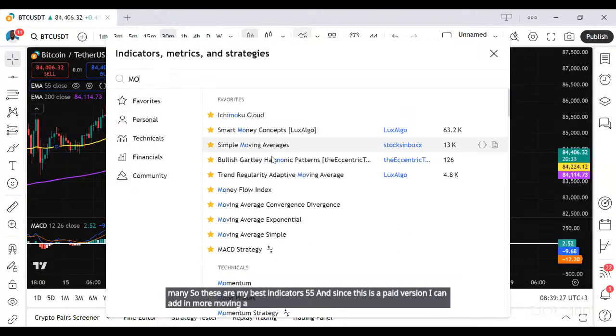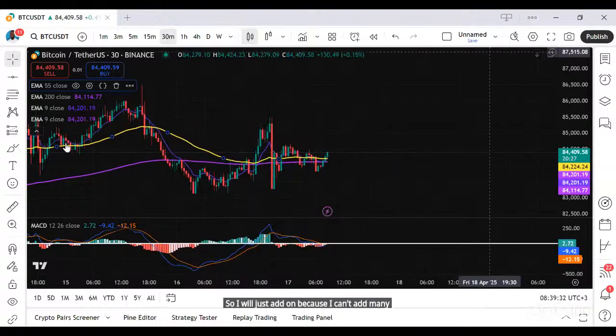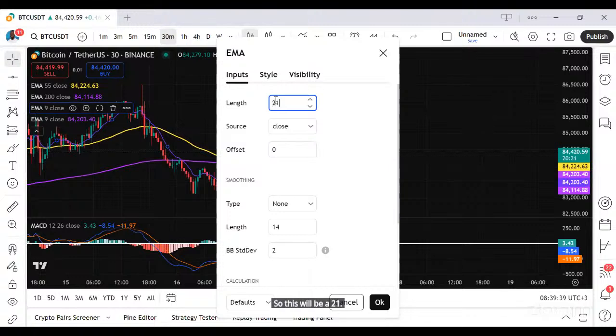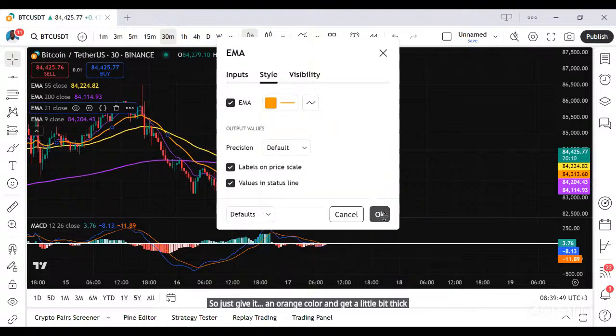I use Fibonacci numbers, so I will just add, because I can't add many, just to help me scalp the market. So this will be a 21. Just give it an orange color, make it a little bit thick. That's a 21 moving average.